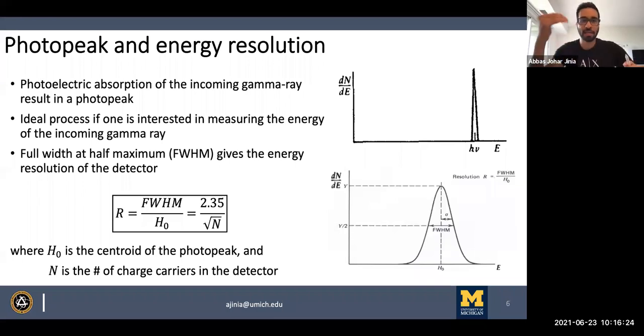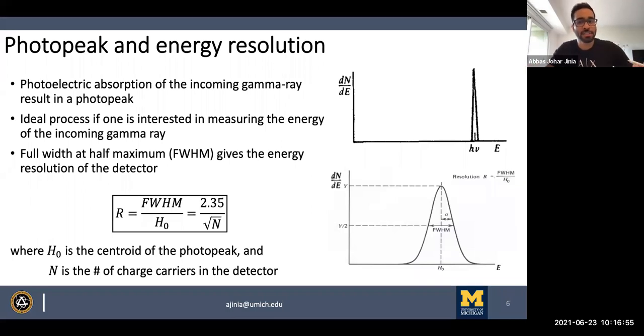The big contribution to the photopeak is the photoelectric absorption reaction. Ideally, we want the incoming radiation to deposit all of its energy. That's what we want, but sometimes it may not deposit all its energy. It will only deposit partial energy.